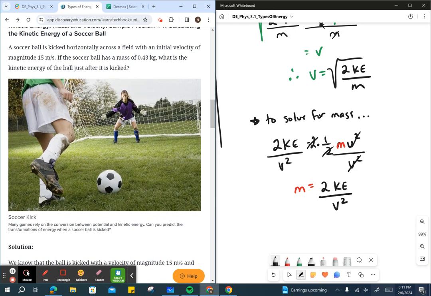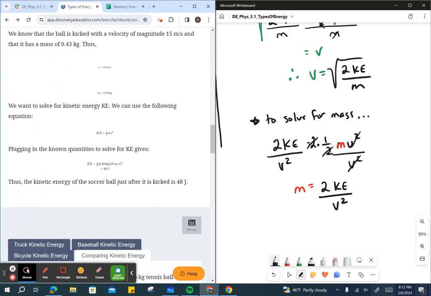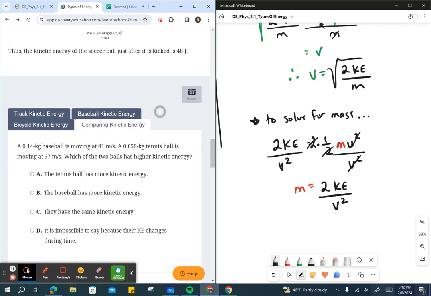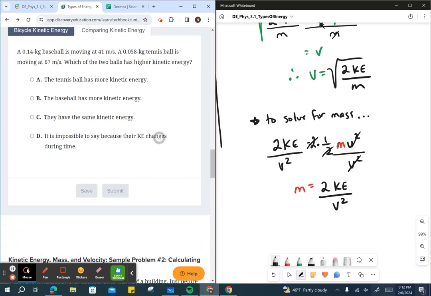They give you the velocity and the mass, and they want to know the kinetic energy. So you just have to plug those numbers in, and that'll give you an answer. They walk you through that whole solution, and all these example problems are asking you to solve for kinetic energy.